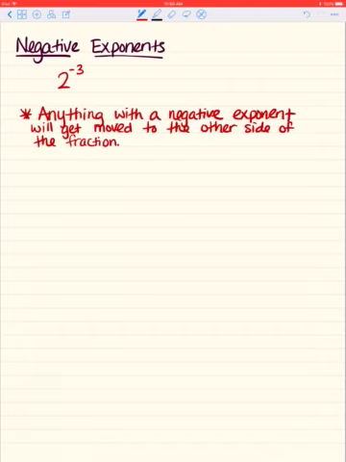And I'll show you exactly what that means in just a minute. But then whenever you move it, the exponent becomes positive.